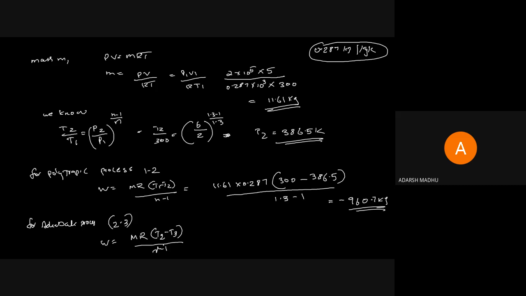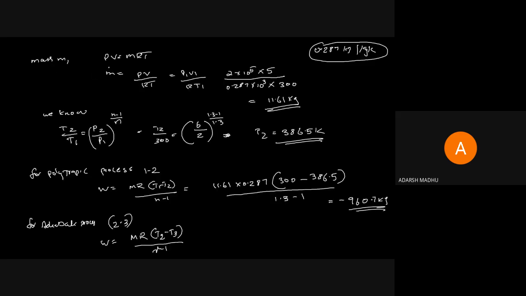The T3 value comes from the same type of relation: T3 by T2 equals (P3 by P2) all raised to (gamma minus 1) by gamma.